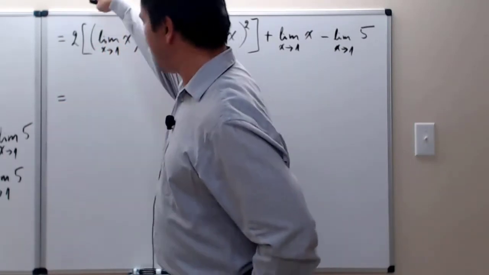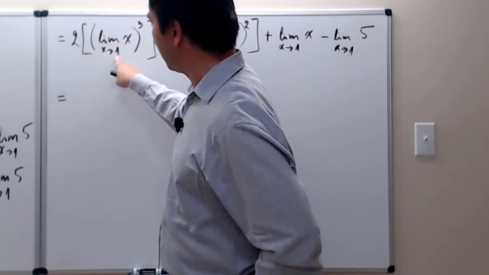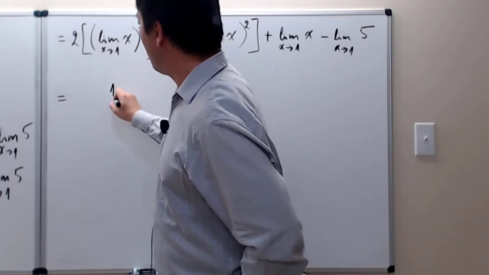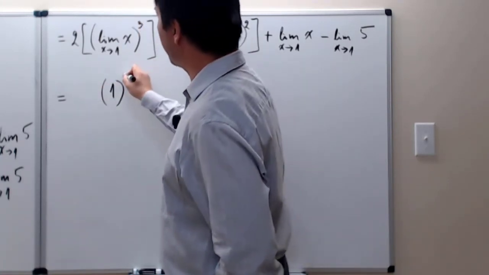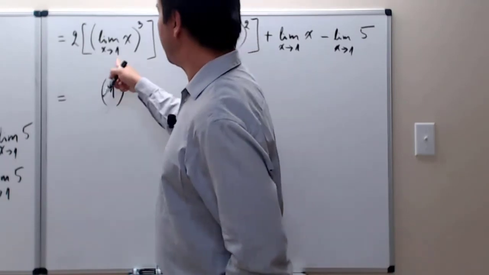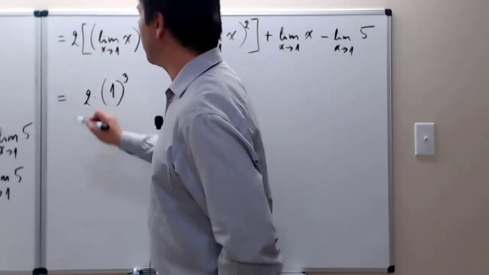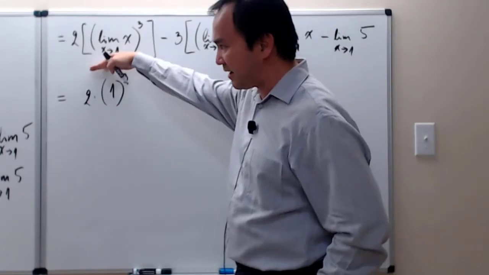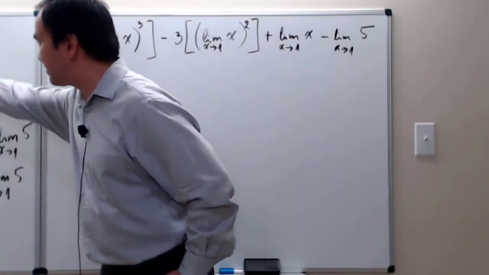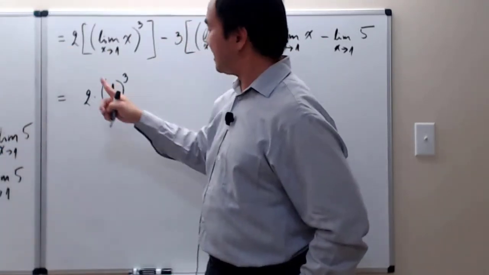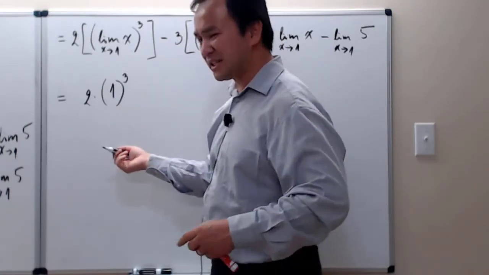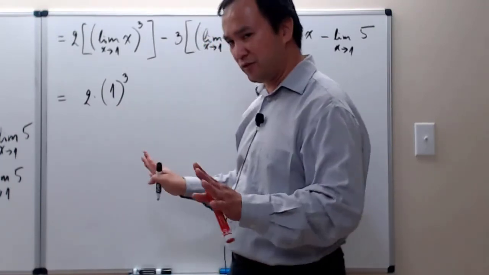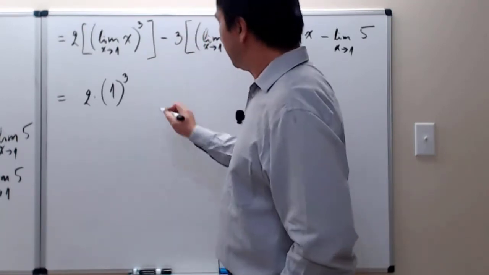Thus, from the inside out, this limit of x when x is getting close to 1 is 1. But then the limit law, power of a limit, says that we can raise that to the third power. And after that, we can multiply that with 2. Now if you skip all of these steps and jump directly from the first step down to this, it might look like direct substitution, but we're not really substituting values in.